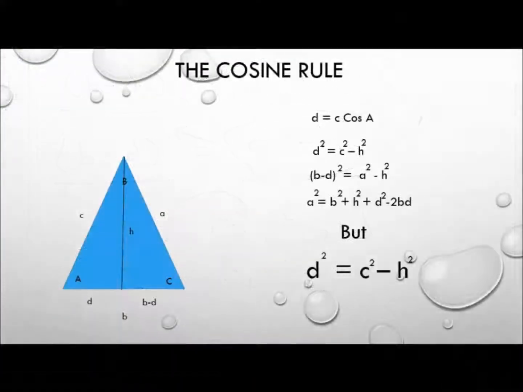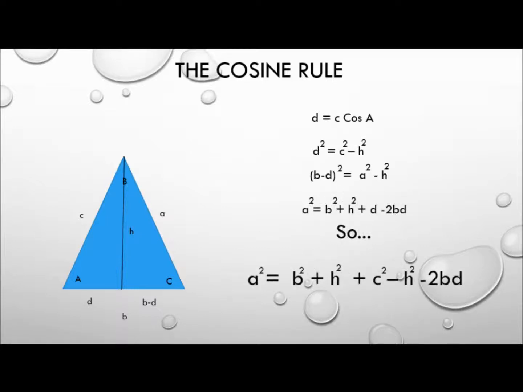However, d squared is equal to c squared minus h squared, which we already discussed. So if we substitute c squared minus h squared for d squared, we get a squared is equal to b squared plus h squared plus c squared minus h squared minus 2bd.